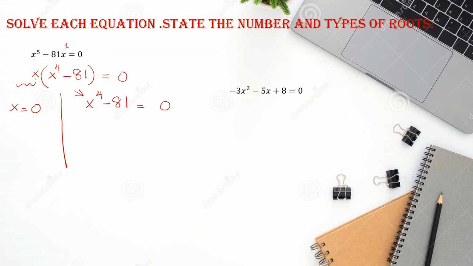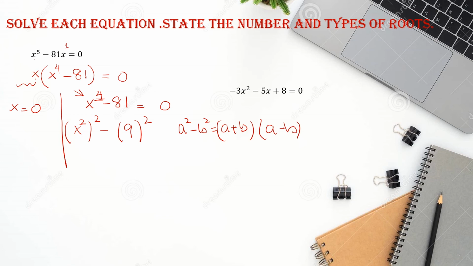X to the power 4 minus 81 can be written as the difference of the binomials. It means you can write here x square squared minus 9 squared, right? So here you need the 4 power, so it will be 2. So here you can apply the formula a square minus b square equals a plus b and a minus b.